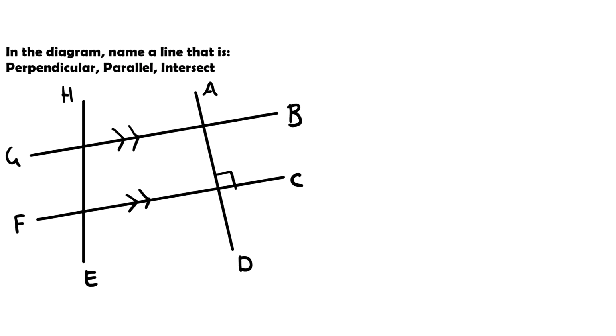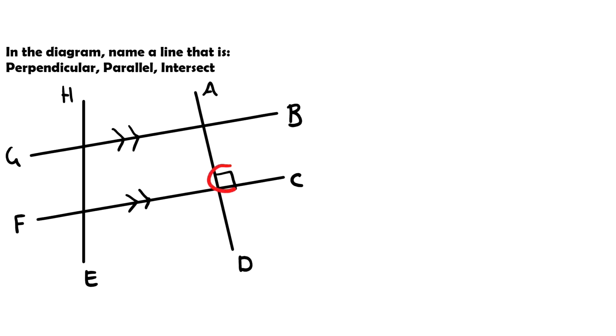So here we have a diagram. We have a lot going on. Now, before we begin even reading the question, remember that perpendicular means where right angles are. So, in the diagram, we need to name a line that is perpendicular, parallel, and intersecting. We need to do one of each. So we'll first focus on the perpendicular one.